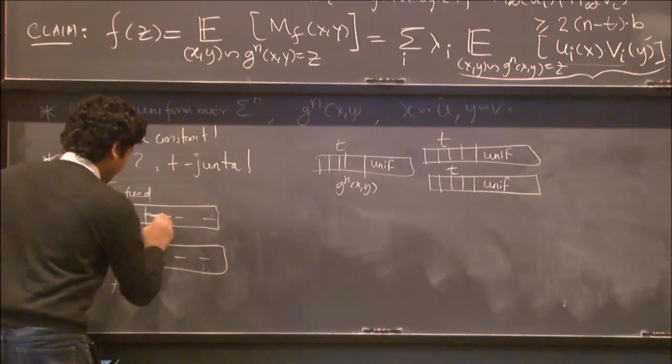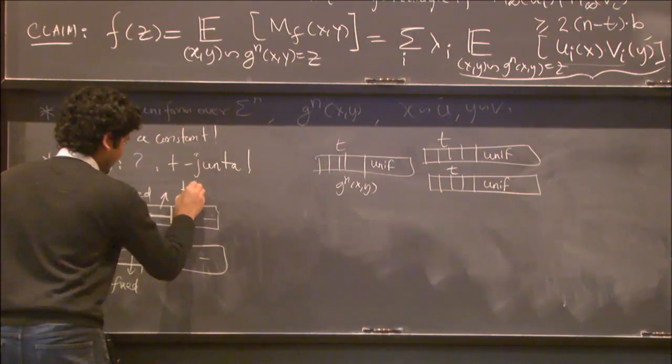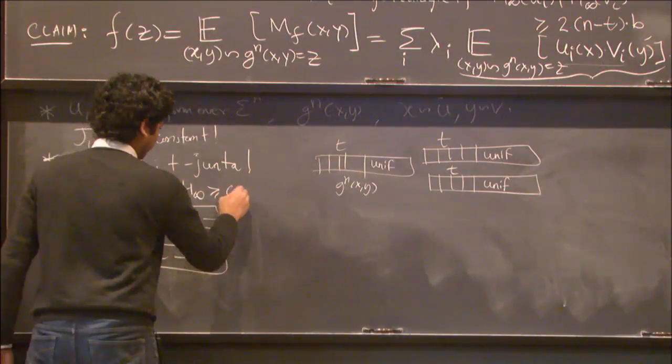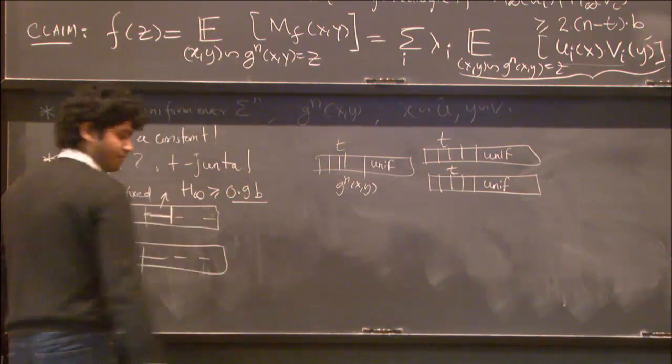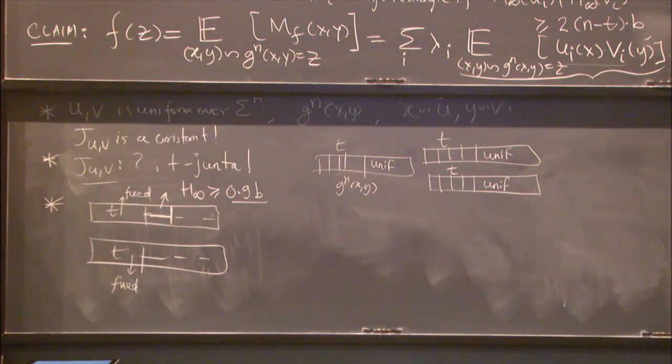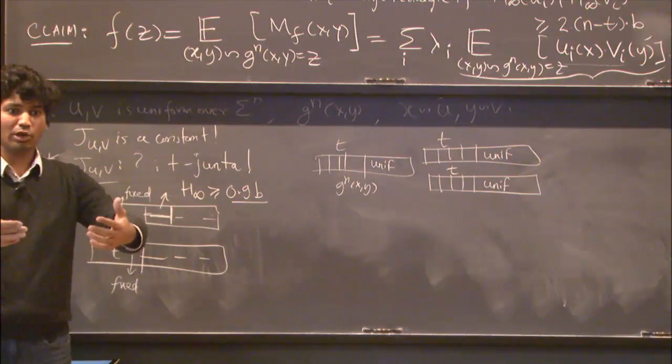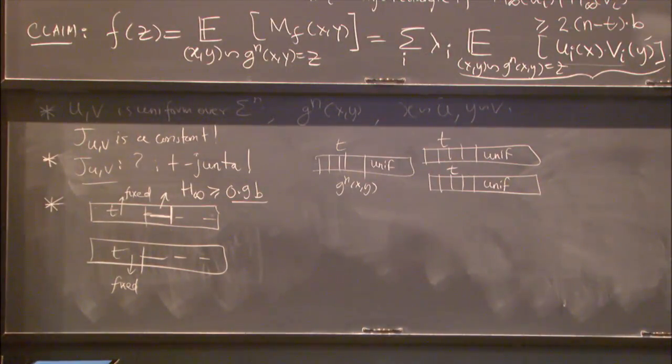For every block here, let's say the min entropy of this block is 0.9 times b. So it's a b-bit block. The maximum possible entropy is b, and I'm saying that in each block I have entropy at least 0.9 times b, and over the blocks my distributions are independent. Now what do you expect to happen?